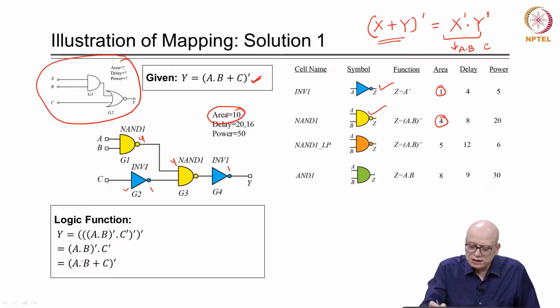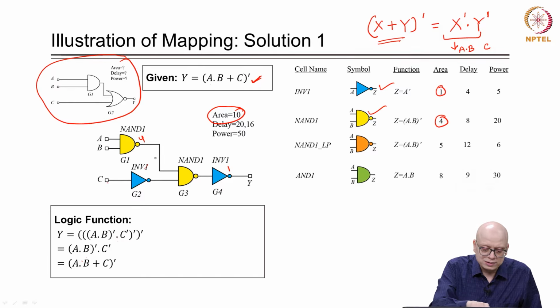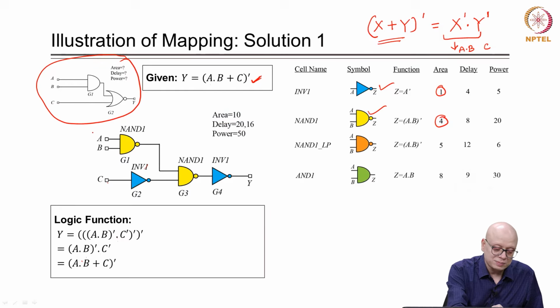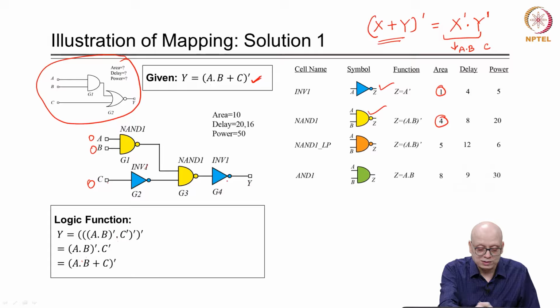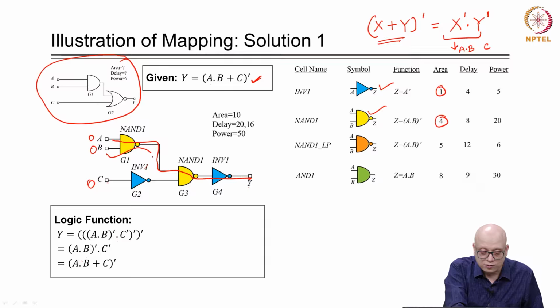And then, what is the delay? Assume that the signal is coming at A, B, C at, say, 0 time instant. What will be the arrival time of the signal at Y? There are 3 paths: the signal can arrive from this path, from this path, and the third path.